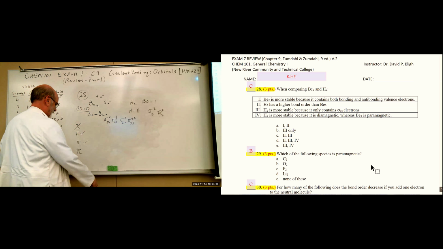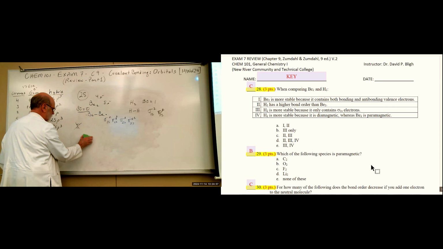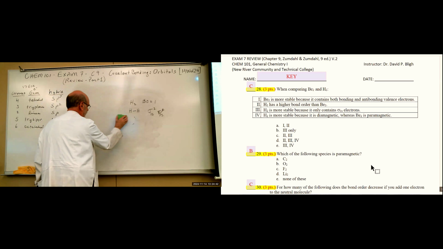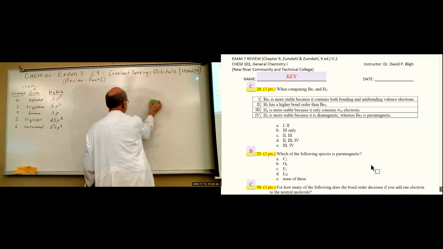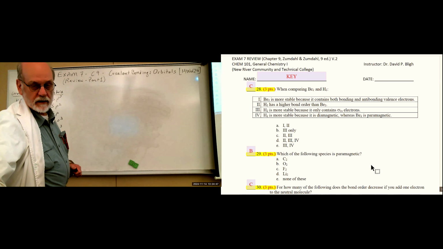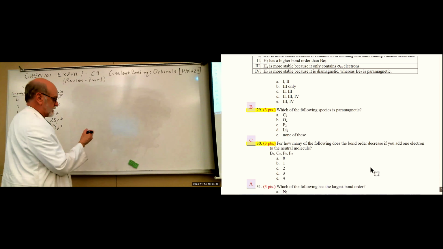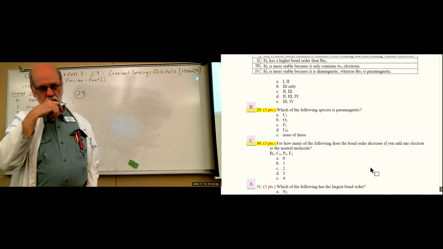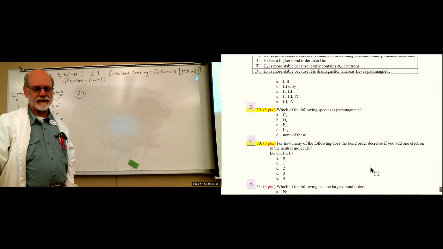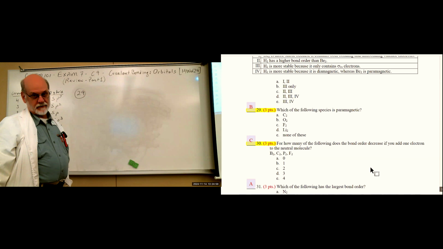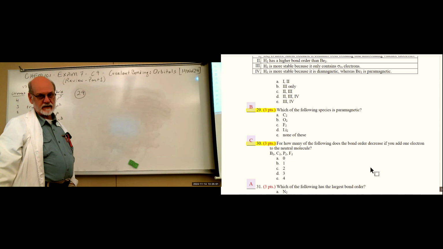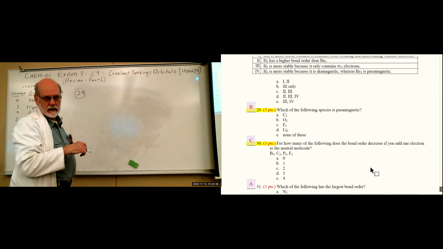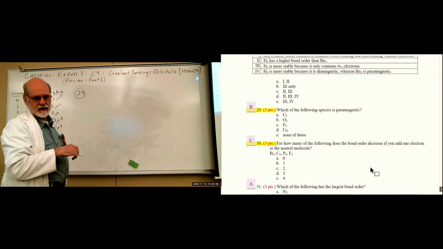All right, moving on to number 29. Which of the following species is paramagnetic? A, B, C, D. They're both homonuclear diatomics.